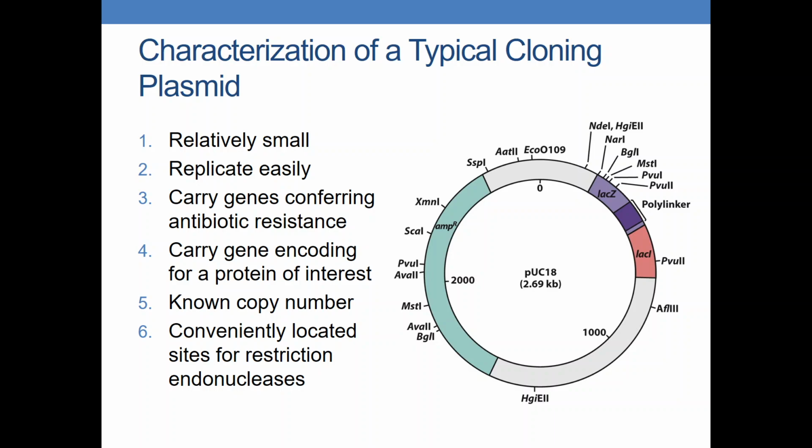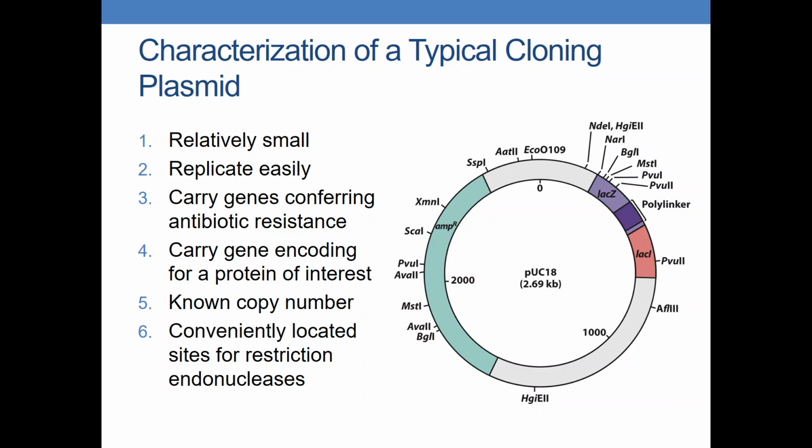So all of your cloning vectors, you want them to be relatively small. That's the first point here. This is important because the smaller the vector is, the more flexibility you have with regards to the gene or foreign DNA of interest that you're going to insert into your vector. You have to understand that in order to get your plasmid into cells, bigger is not better.